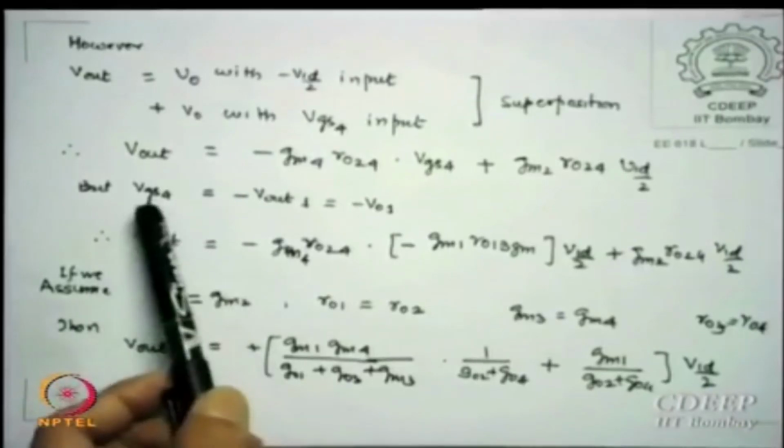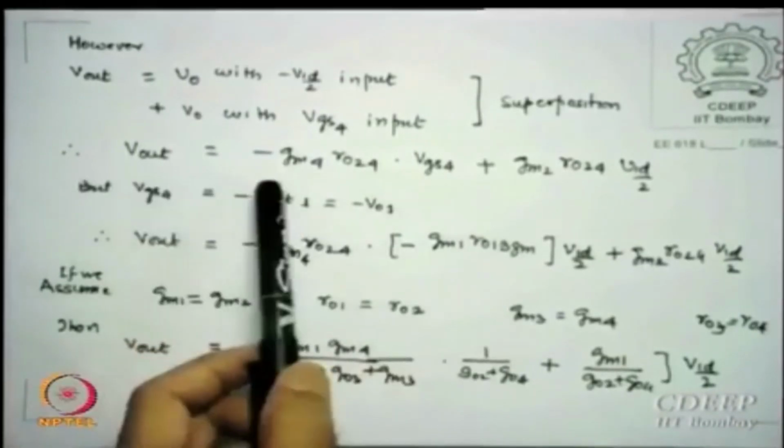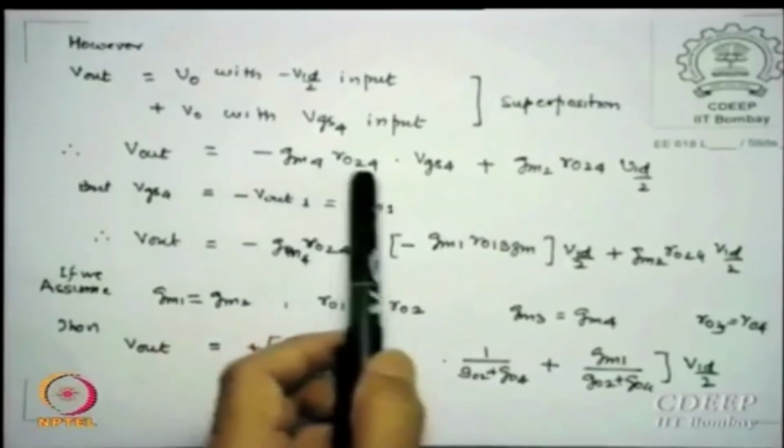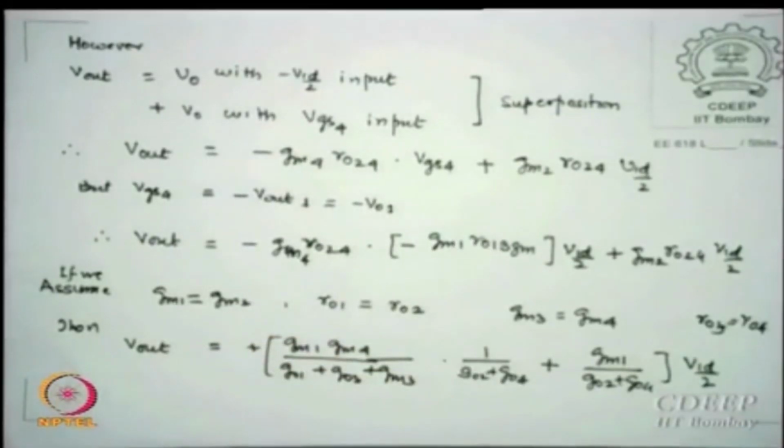So if I do that by substituting all this, Vout will be GM4 RO24, where RO24 is the parallel combination of RO2 and RO4. Is that clear? This is a shorthand way of writing. RO24 is nothing but the parallel combination of RO2 and RO4. That is at the output side.